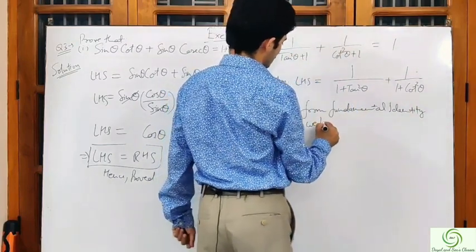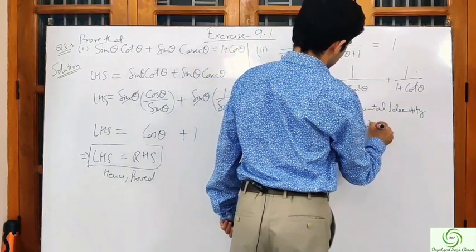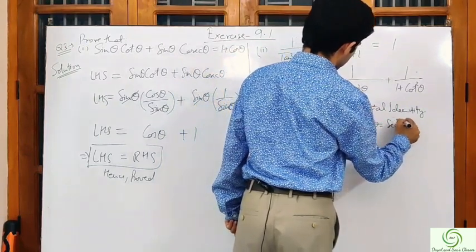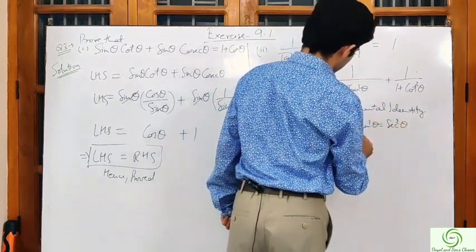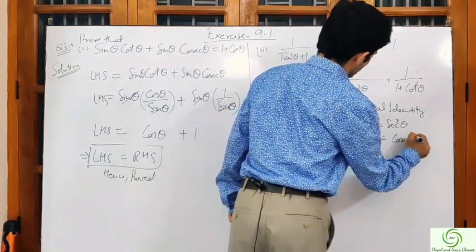We know 1 plus tan square theta is equal to sec square theta, and 1 plus cot square theta is equal to cosec square theta.